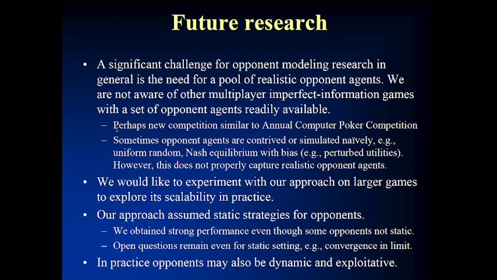But I feel like doing this doesn't properly capture the wide range of realistic opponents that are out there. So it would be great if there were more availability of opponents for these games. Related to this point, we'd like to experiment on larger games to explore the scalability.